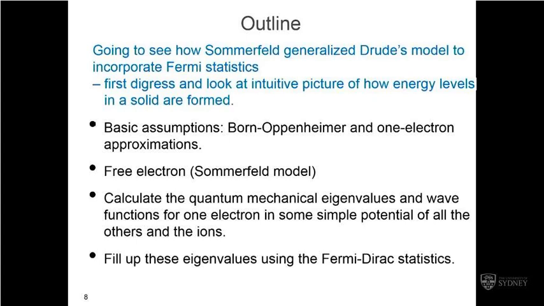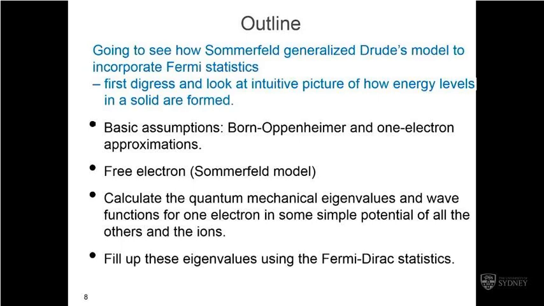So I'll introduce a little bit of that, but after a couple of slides, what I'm going to do is digress and just look a bit about the nature of bonding in solids and how the electrons actually form bands in solids. And then we'll come back to deriving the density of states and Fermi energy and Fermi vector and so on.